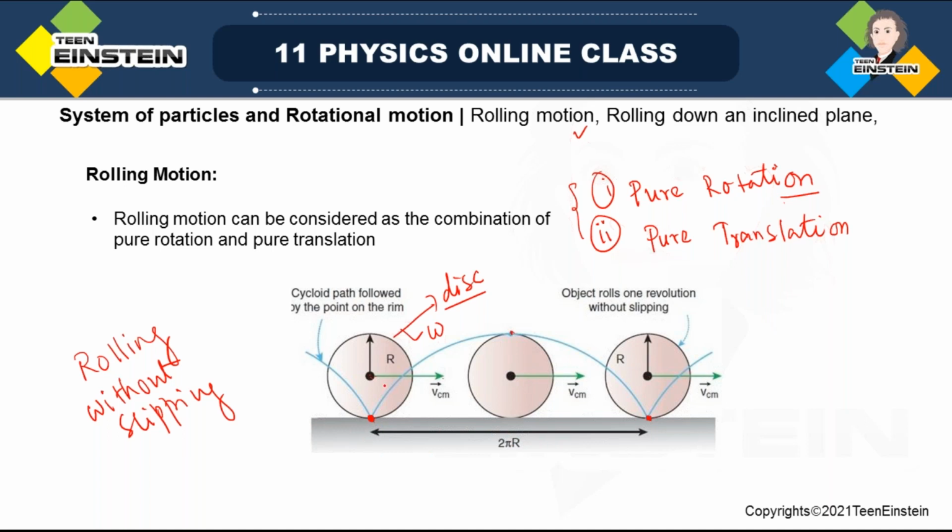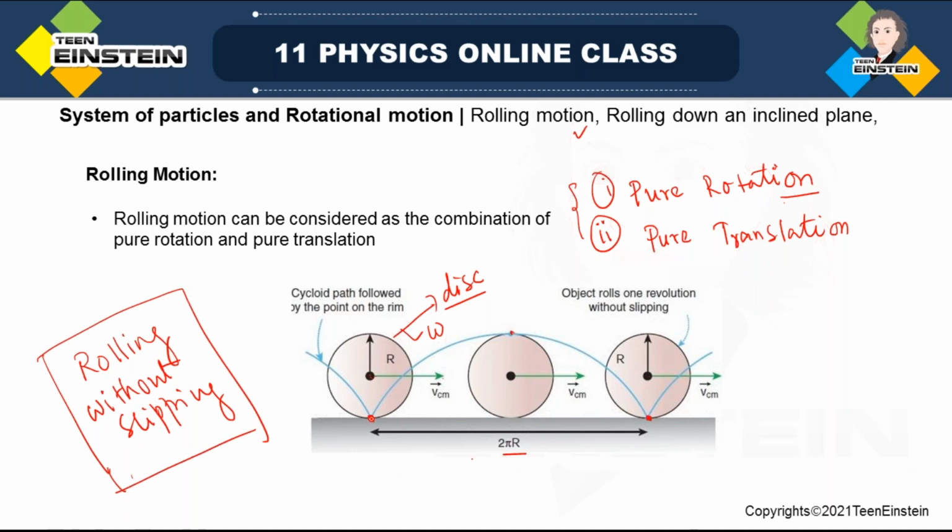See the condition I have shown here: the center of mass moves a distance 2 pi r upon a complete rotation. This happens only when rolling motion is happening without slipping.